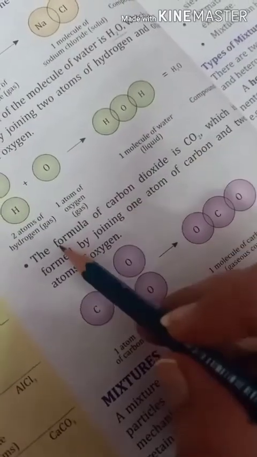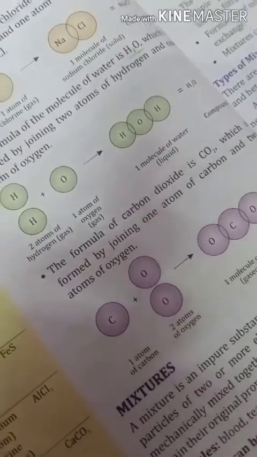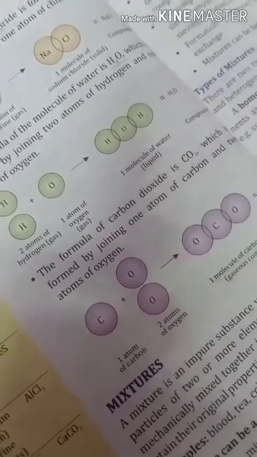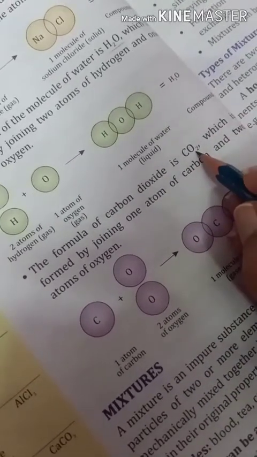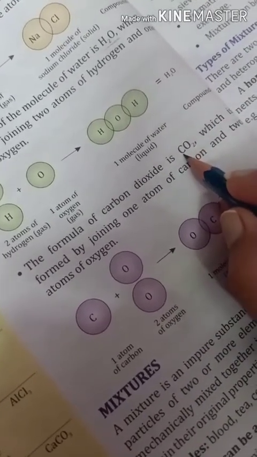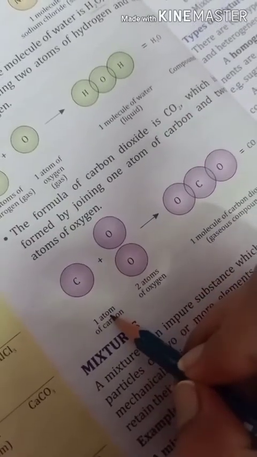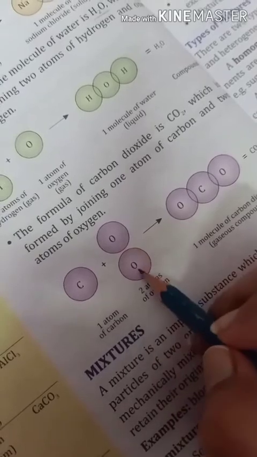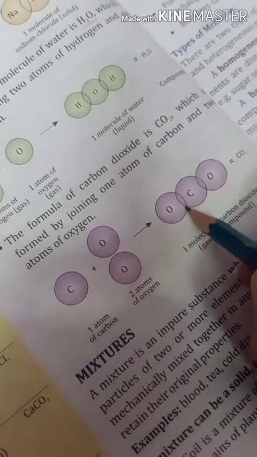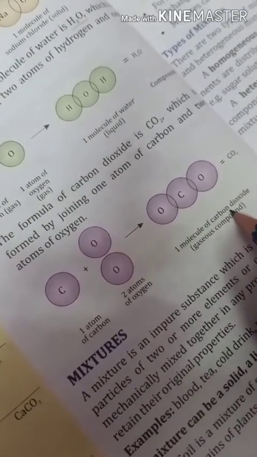In the same way, the formula of carbon dioxide is CO2, two atoms of oxygen and one atom of carbon. So when one atom of carbon combines with two atoms of oxygen, then we get a carbon dioxide molecule.